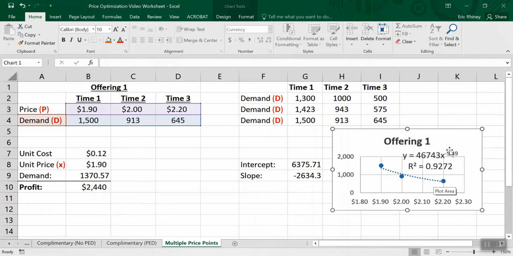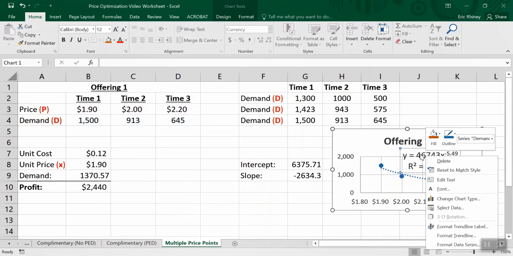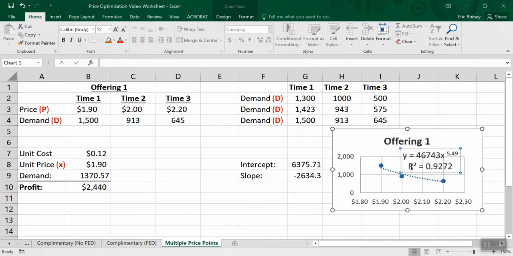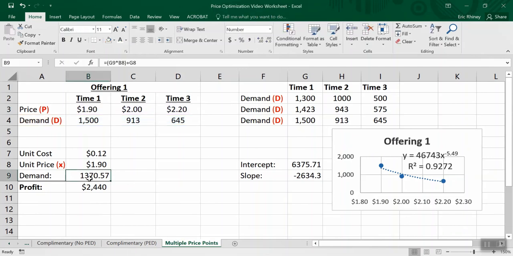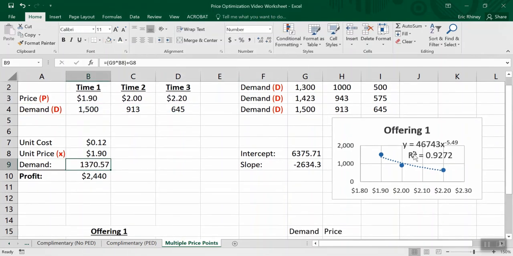Okay, I may not have explained that right. I might have to go back and re-explain that. But anyway, you get the gist. And so here in the demand, we're going to actually put in this equation instead of our previous linear equation. So now we're not going to use this intercept and this slope.